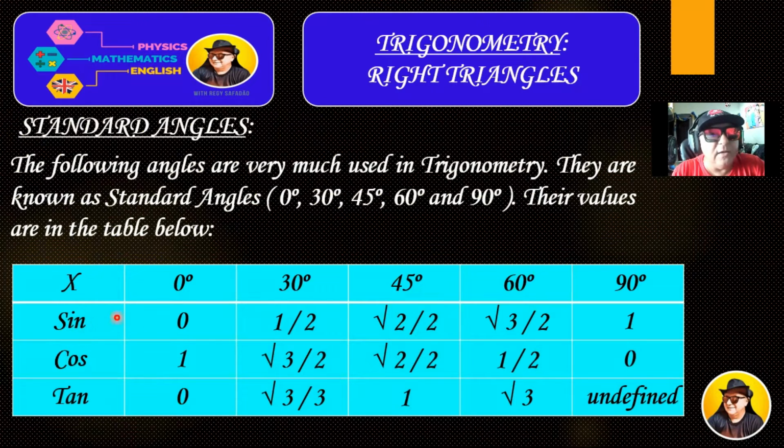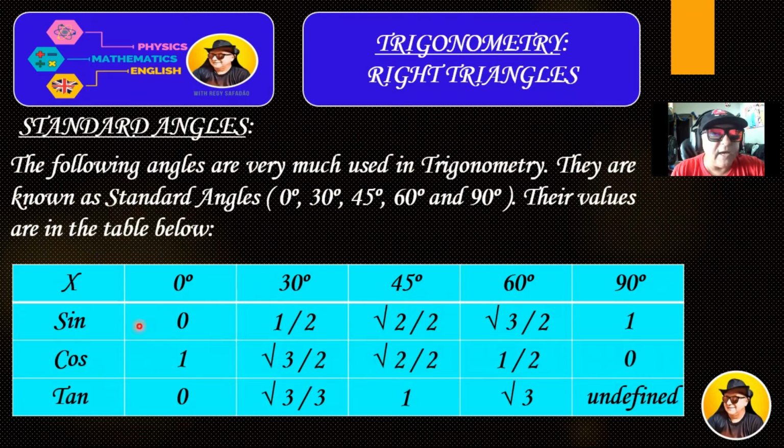Well, so let's see. The sine of 0 degree is 0. The sine of 30 degrees is 1/2. The sine of 45 degrees is root of 2 over 2. The sine of 60 degrees is root of 3 over 2, and the sine of 90 degrees is 1.